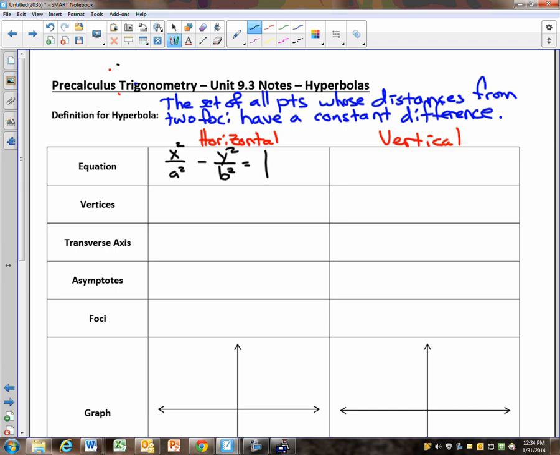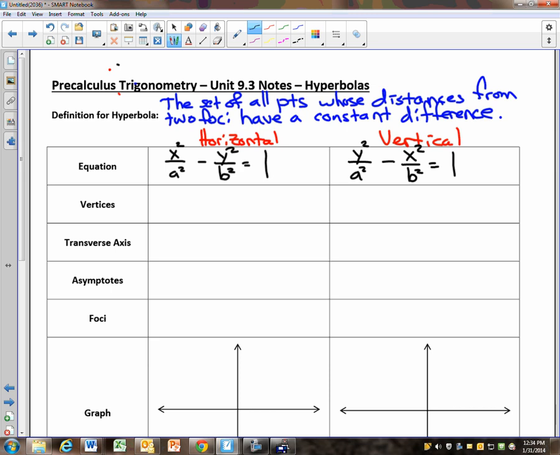How is that different from your equation of ellipses? Subtraction, that's it. Vertical: y squared over a squared minus x squared over b squared is equal to 1.